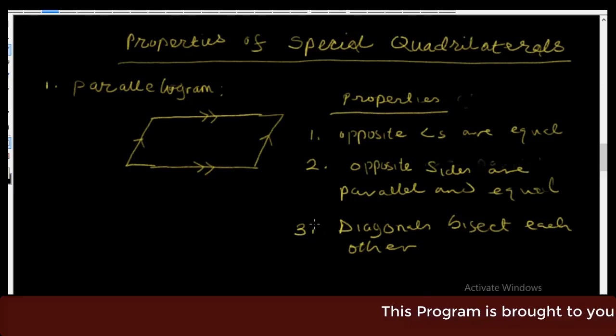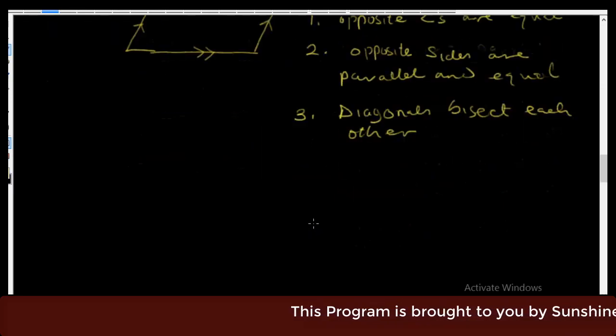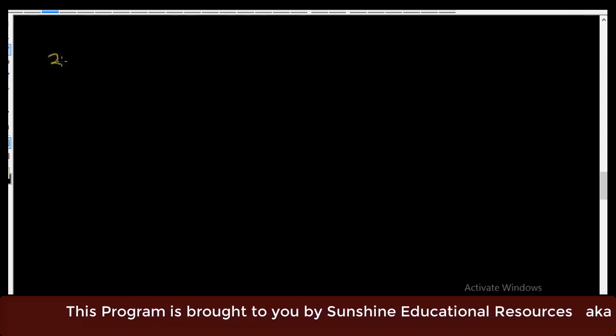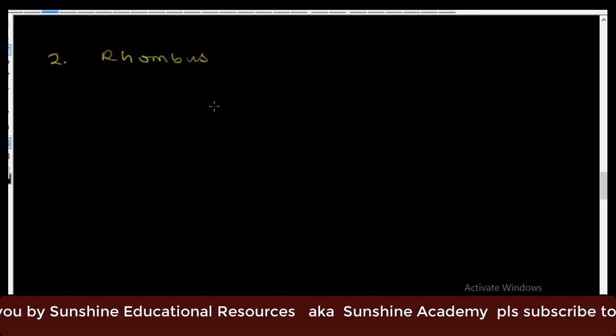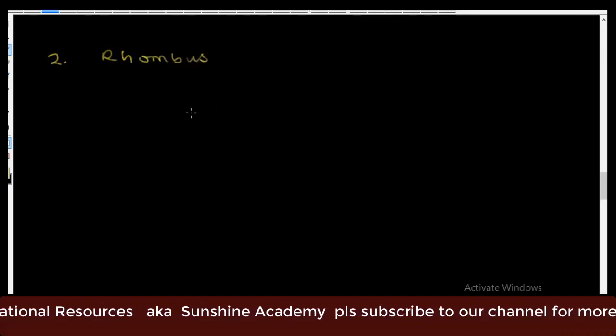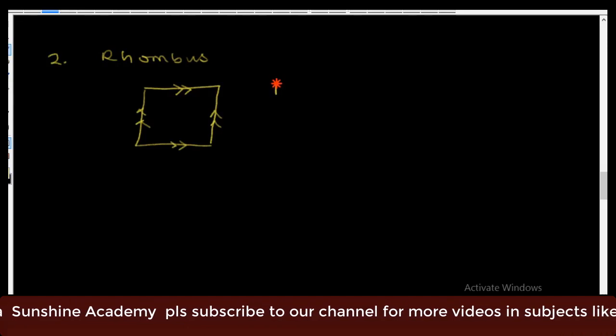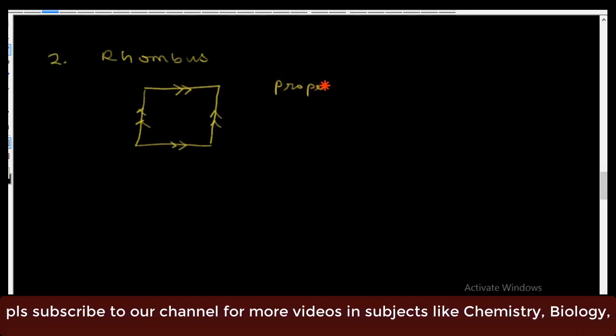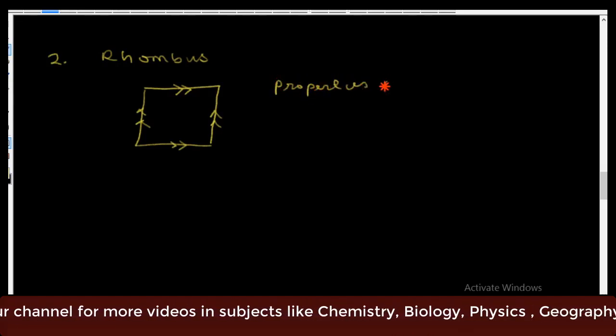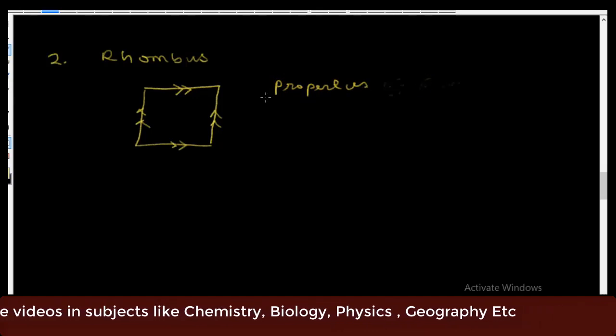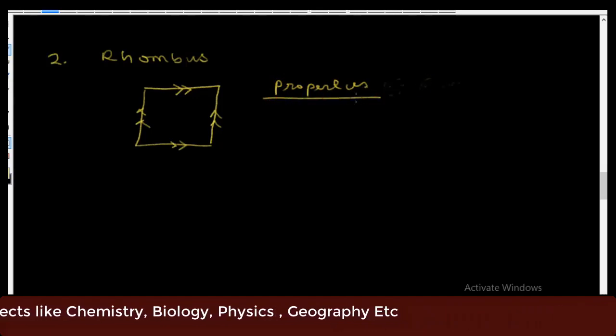So now let's move to another quadrilateral. The next quadrilateral we're going to talk about is called a rhombus. A rhombus is a special quadrilateral. So now let's look at the properties of a rhombus.